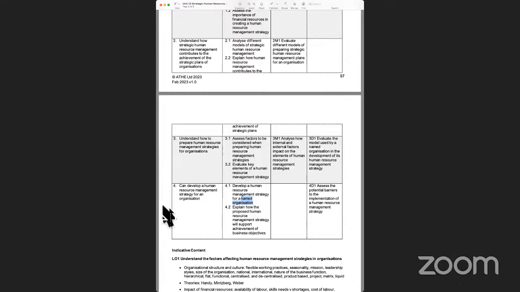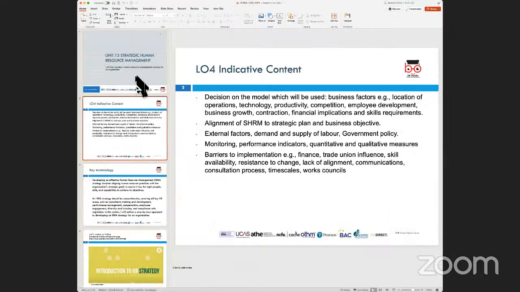So, all in all, a practical learning outcome today, which is basically focused on covering two main assessment criteria and then discussing what could be the barriers that we could face. That could be financial barriers as well, which is compensation, trade union barriers, skills availability or shortage, resistance to change. Sometimes if you're implementing something in the organization, staff are not willing to accept change.